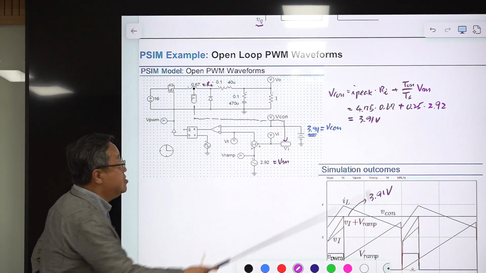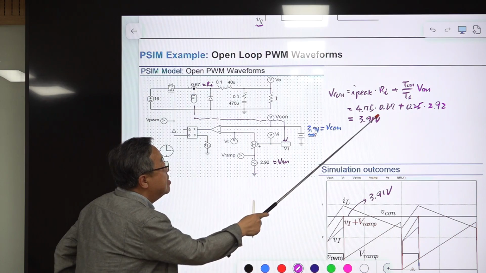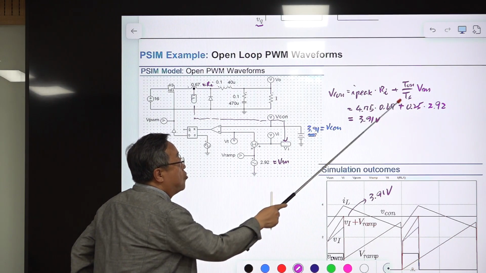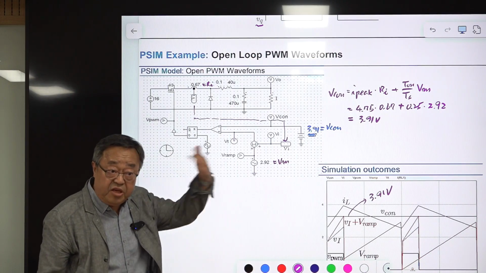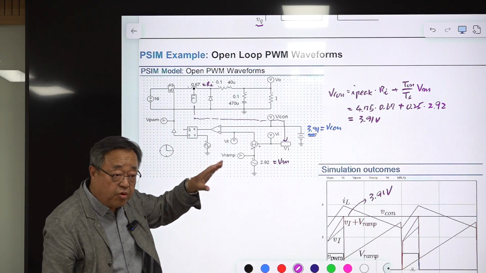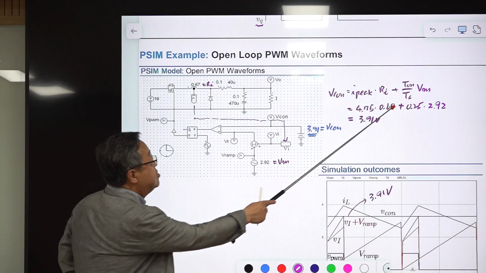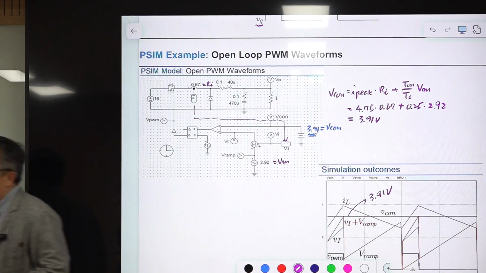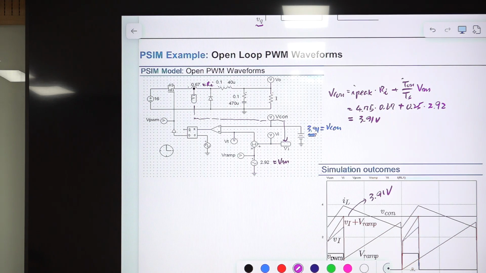This is Vi, and this is the portion of the external ramp added to the current feedback signal. This is the duty ratio, 0.25. This is the maximum value given here, and the number is 3.91 volt. This is the simulation result.